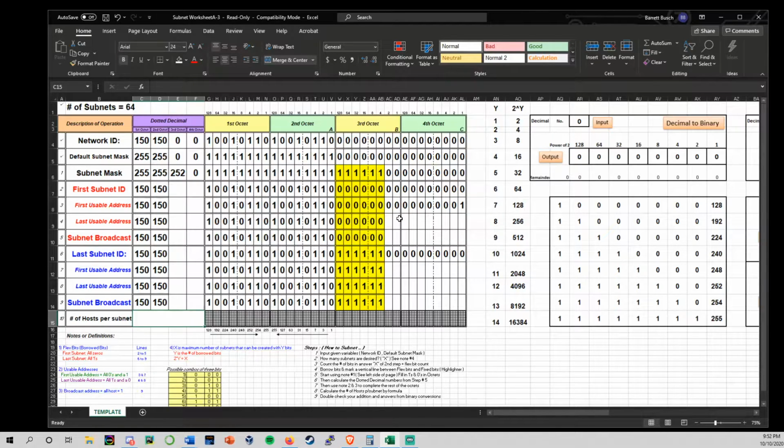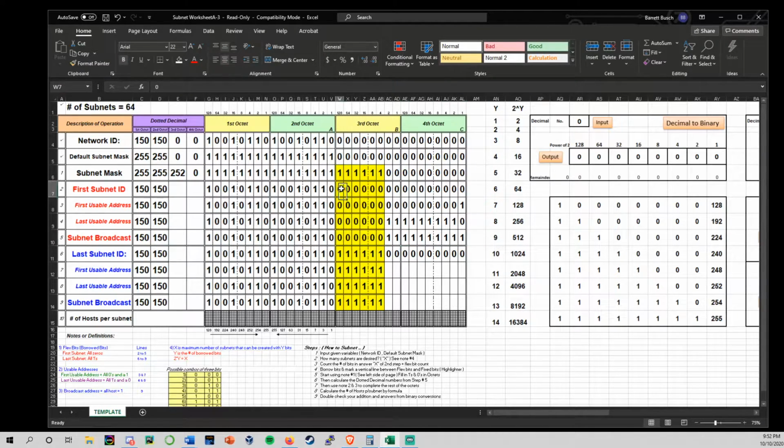We'll come back to that in a sec. Now also you'll see the last usable address is all 1s followed by 0. And then here, the last subnet is all 1s, the subnet broadcast.